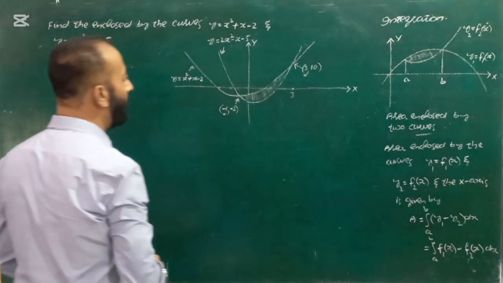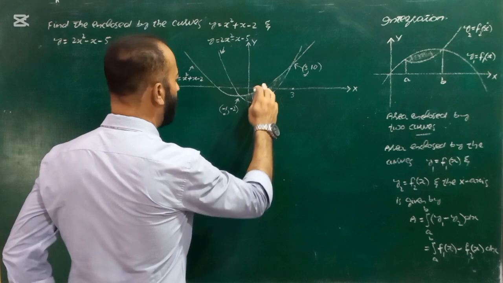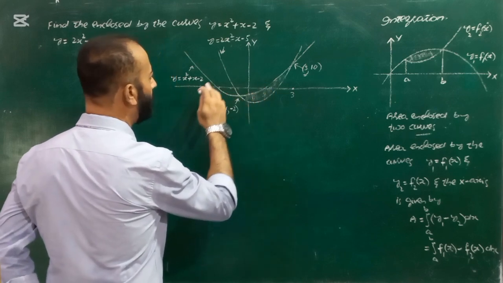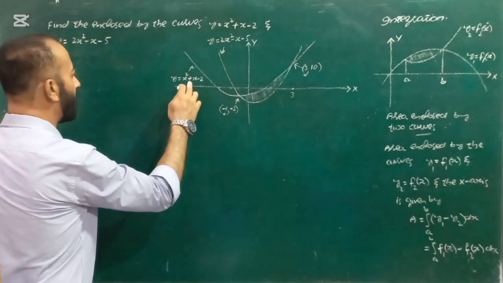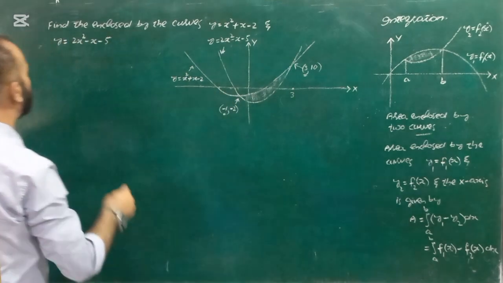So now we will subtract the curve which is below from the curve which is above. So this is the curve which is above, x square plus x minus 2.